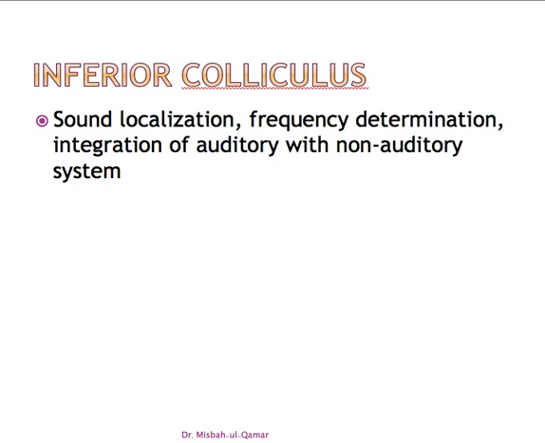You see the central nucleus. It gives projections and it receives directly and indirectly from one ear or from both the ears. Now, this nucleus is layered into isofrequency bands. What does this mean?